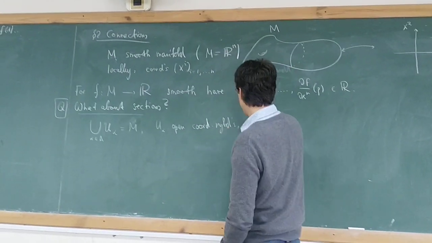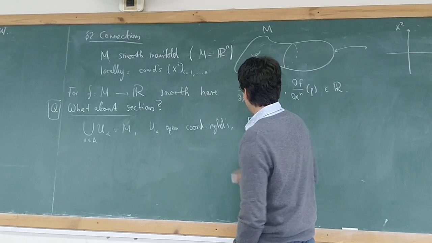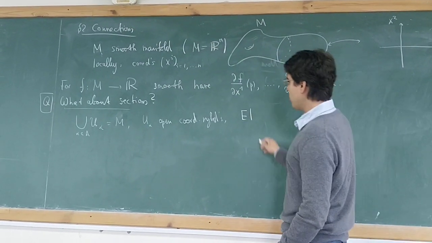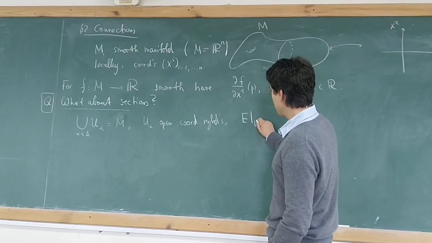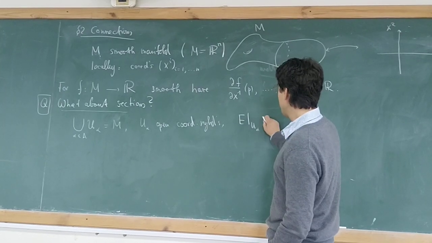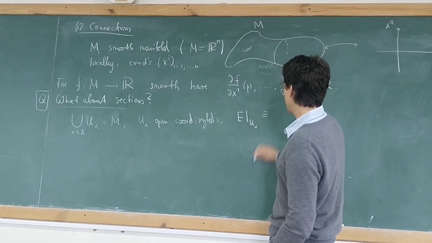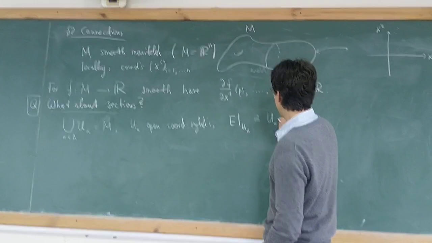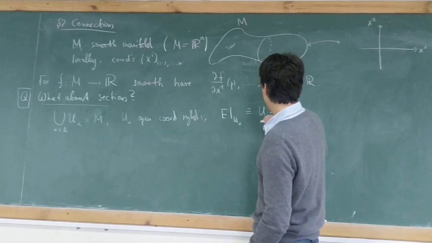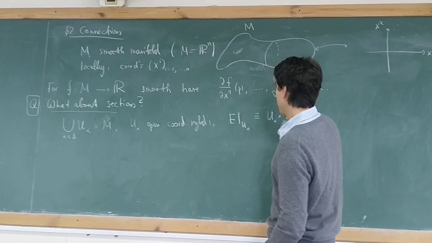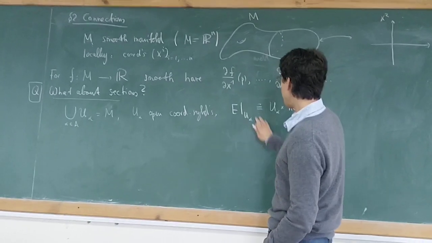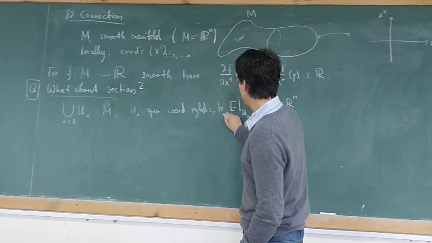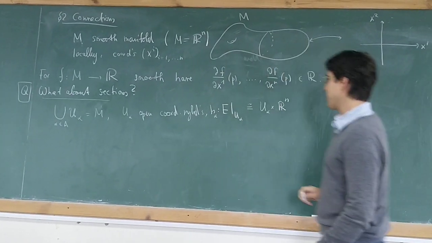And also, a vector bundle was something which was locally just a product. So we can choose an open covering of M, so that locally we can write our vector bundle just as U alpha cross Rn. Let's call this map here H alpha.